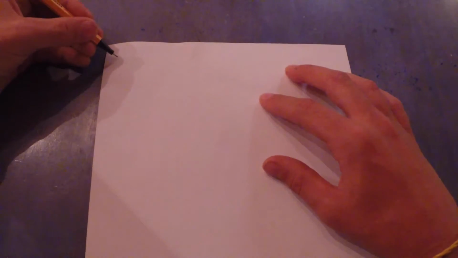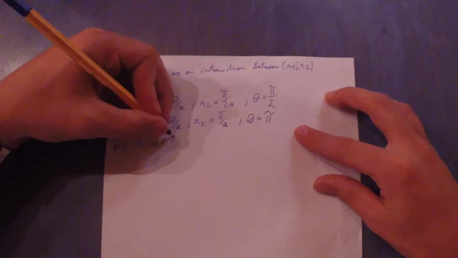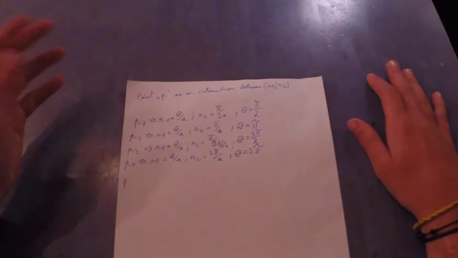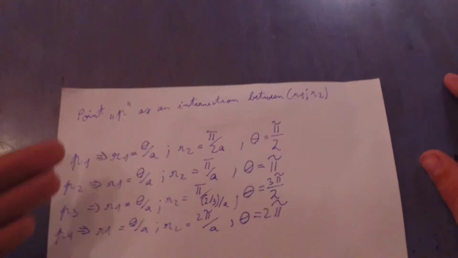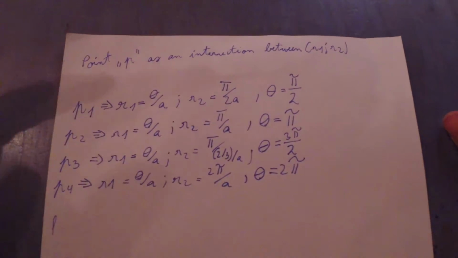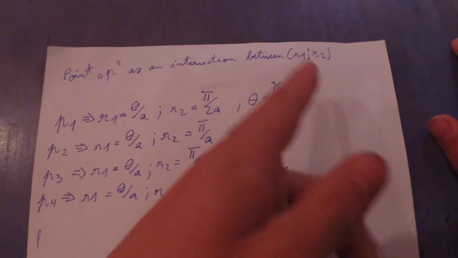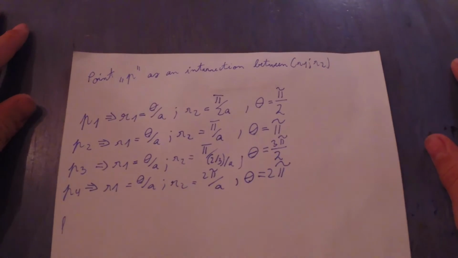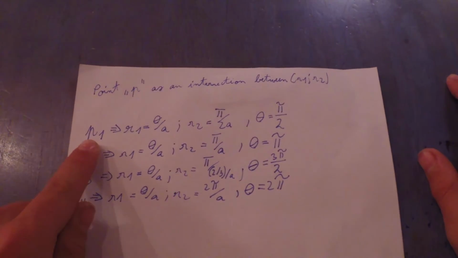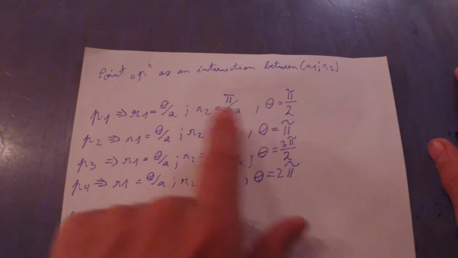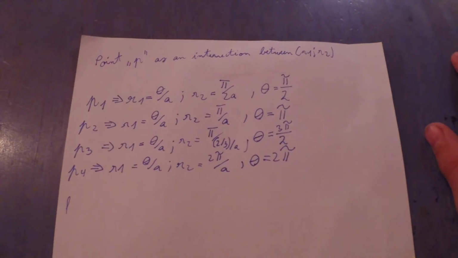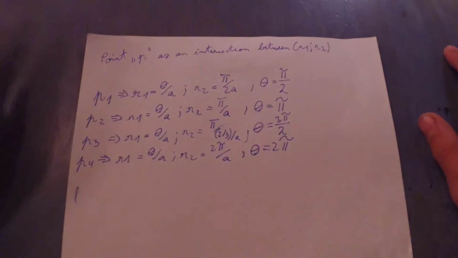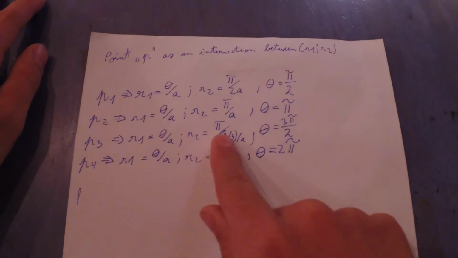And I'm just going to write them down. Okay, so here I have my conditions for the point P, which will satisfy the intersections between, as I said, R1 and R2 on all 4 axes. Let's start with P1. I just multiplied a by 2 because I'm working at a 90-degree angle. The second one is way easier.